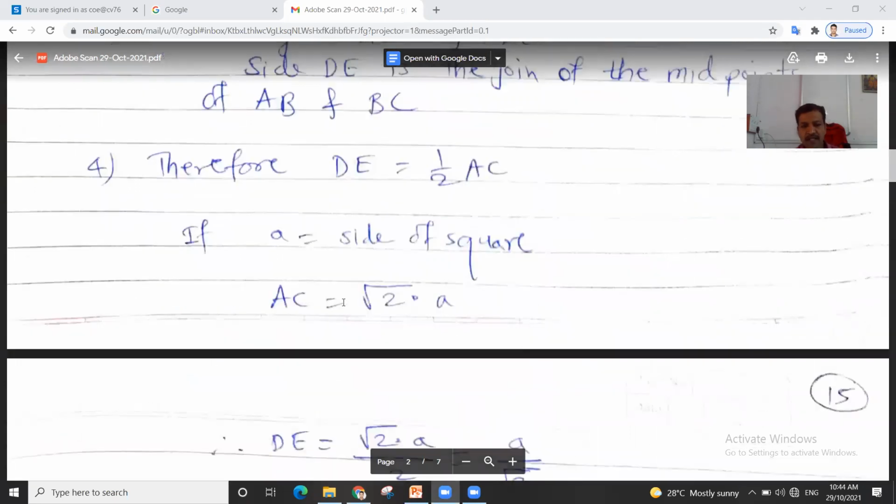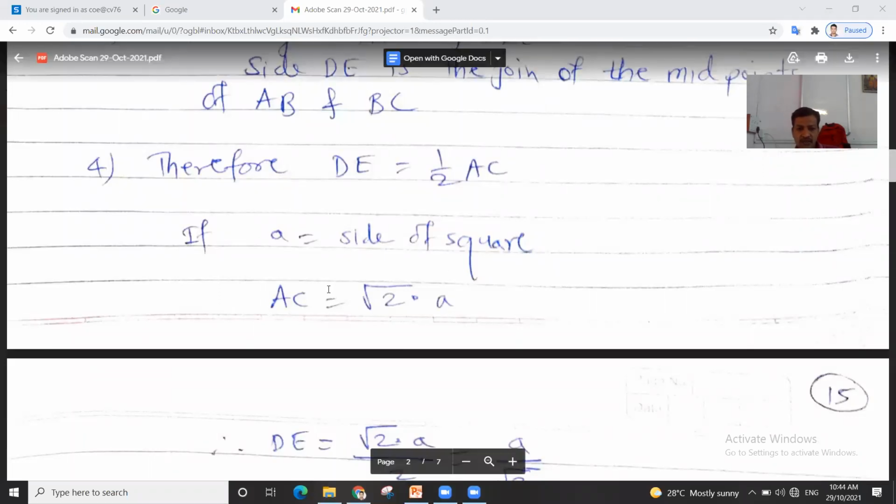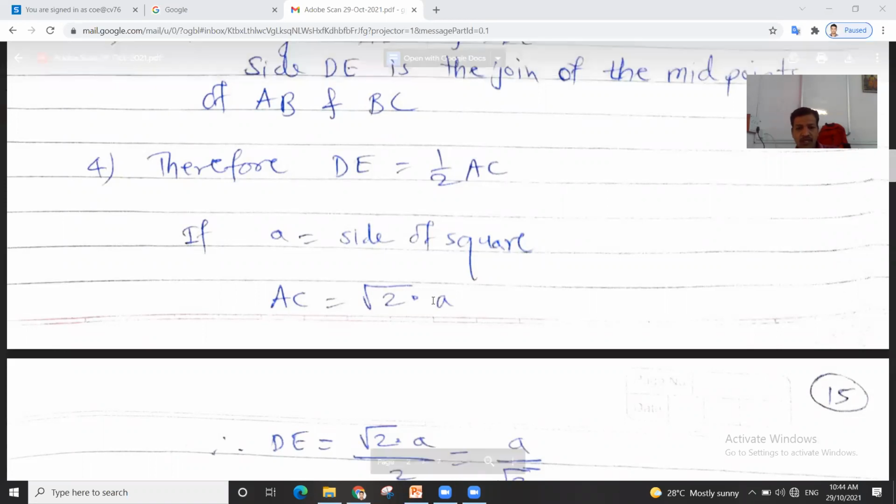Sir, AC is equal to root 2 into A. AC is equal to 2 times DE. So AC will be equal to root of 2 into A. A means side of square AB.